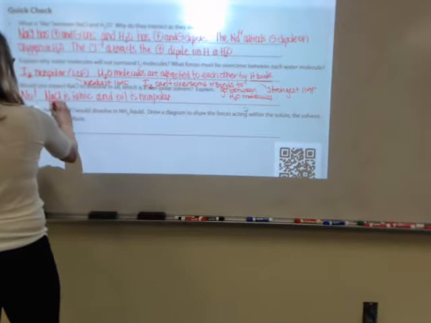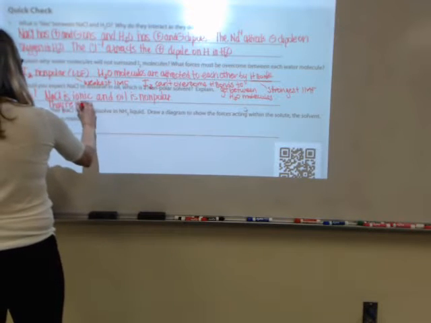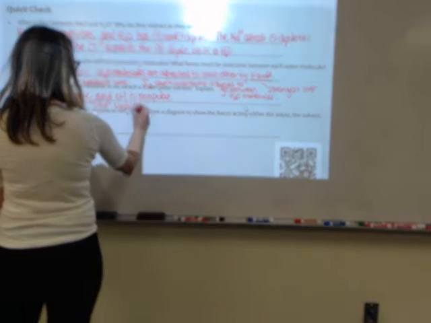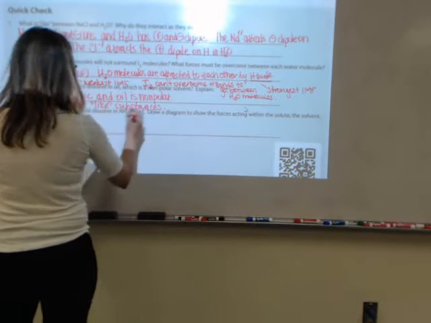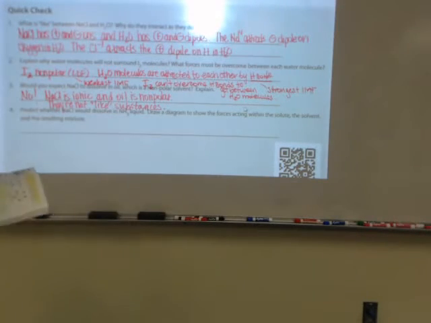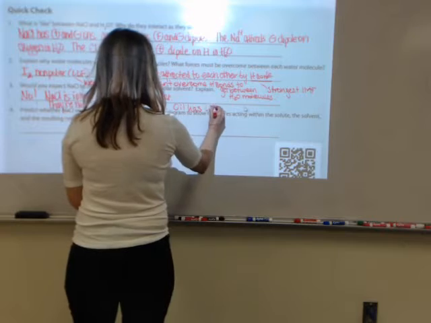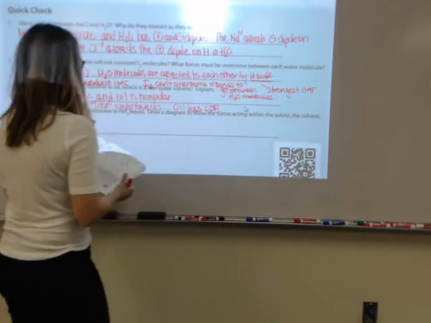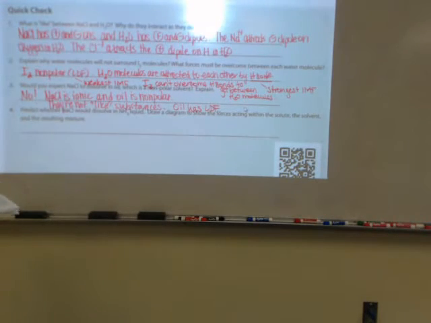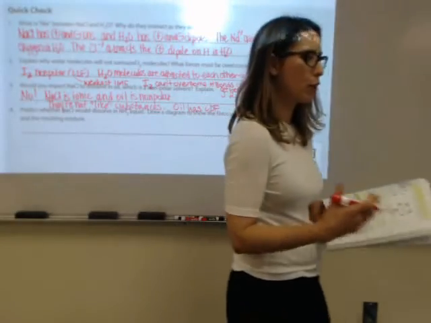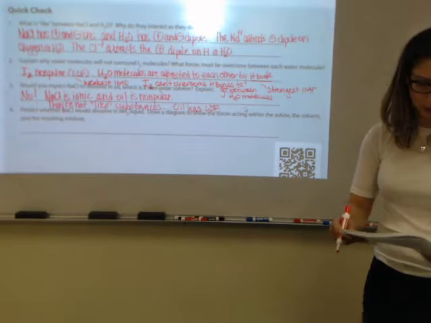So they're not like substances, right? So oil is only going to have London dispersion forces, and sodium chloride is held together by ionic forces. So you need positive and negatives that are of equal strength so that they can mix together.